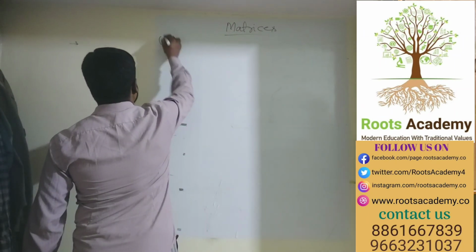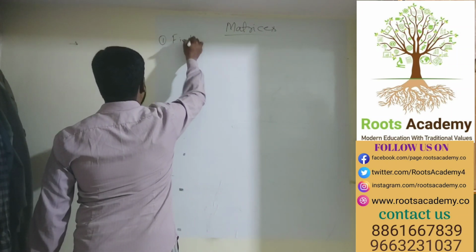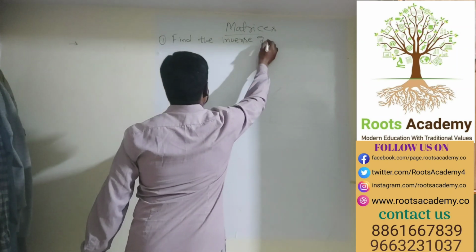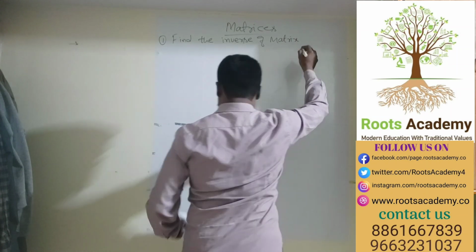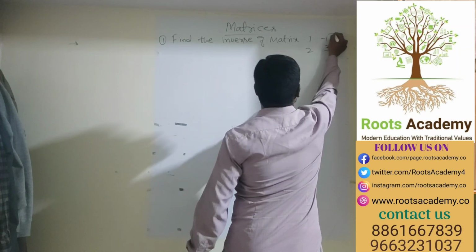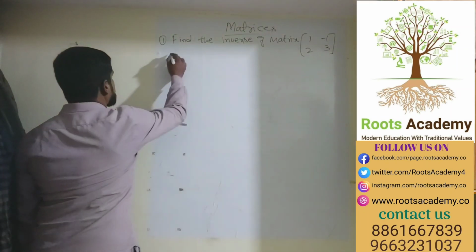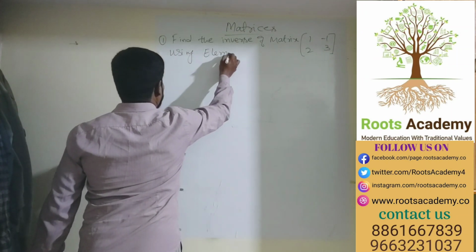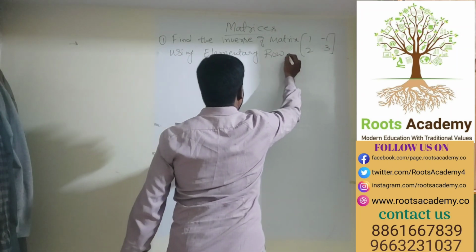The first problem: find the inverse of the matrix 1 minus 1, 2 3, using elementary row operations.